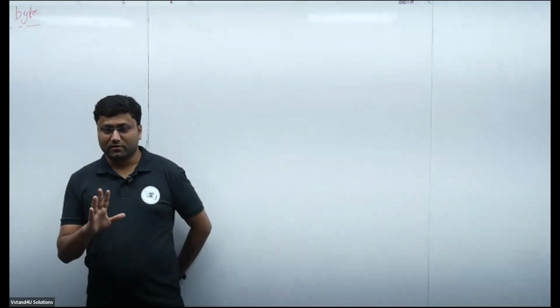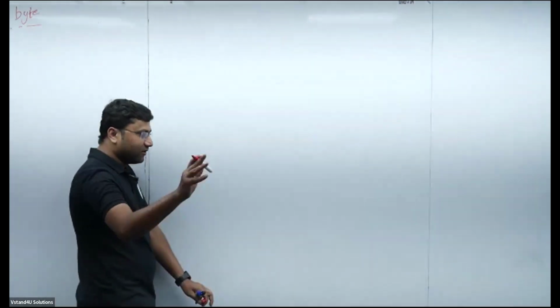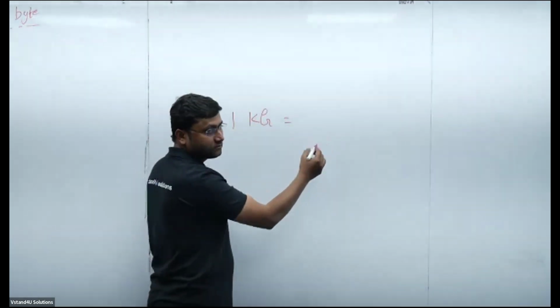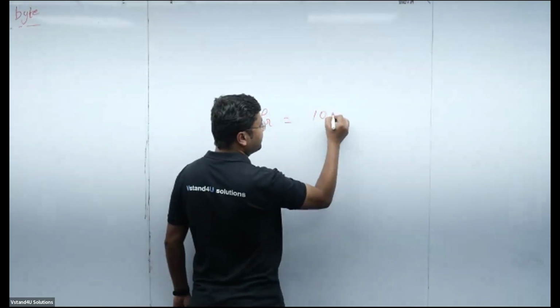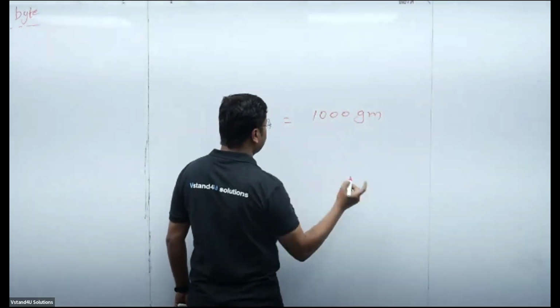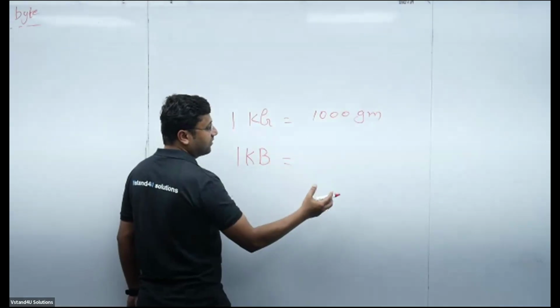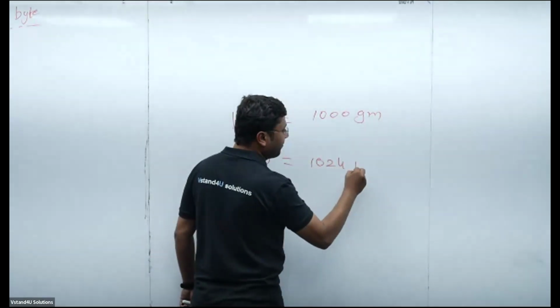1024 bits is a kilobyte. Bro, leave all that. 1 kg equals how many grams? 1000 grams, right? You are telling me 1 kilobyte equals 1024 bytes.